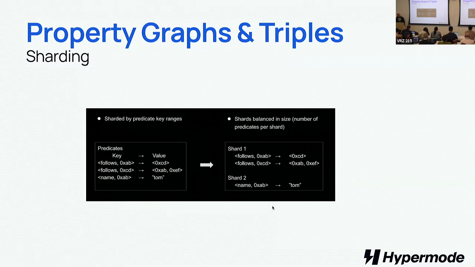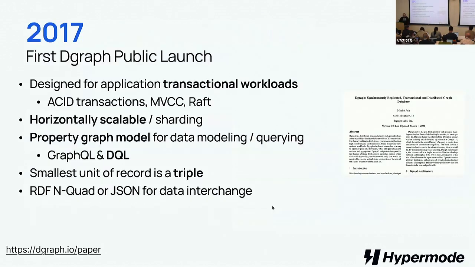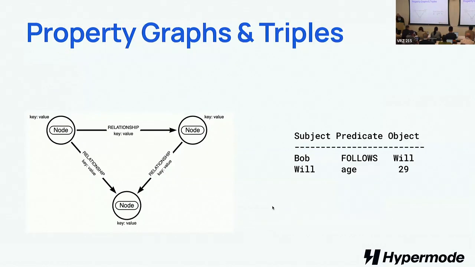Yeah. Question. So if you need to know which direction you're querying, how do you handle that if you don't know the direction? Like someone has a connection to something else? That's a good question. In a property graph model, every relationship has a direction.